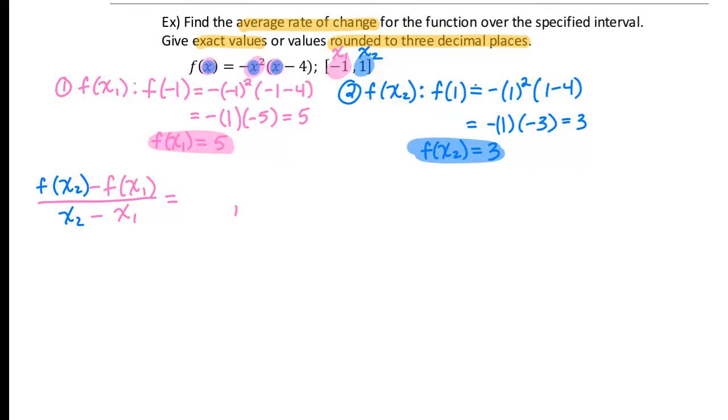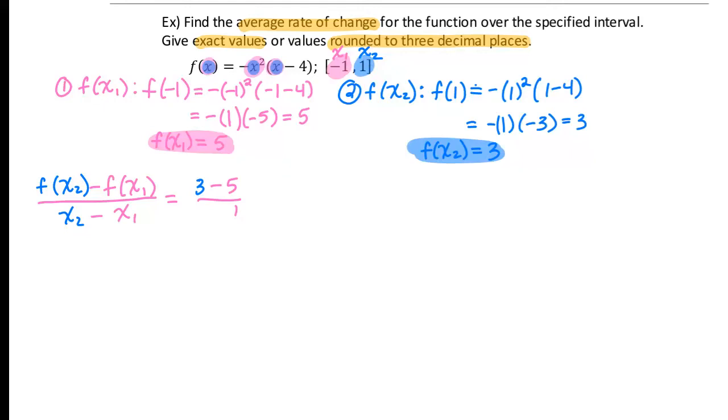Okay, so I'm going to take my f of x2. What did we calculate for f of x2? f of x2 is 3. So I got to plug in a 3 minus, what is my f of x1 value? 5, over, look at the interval up here.